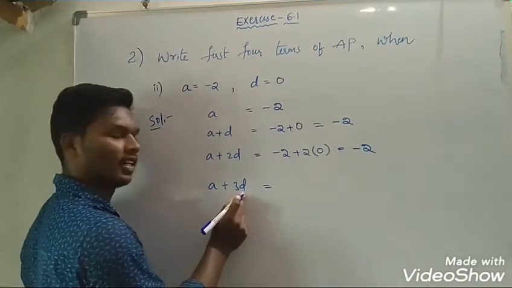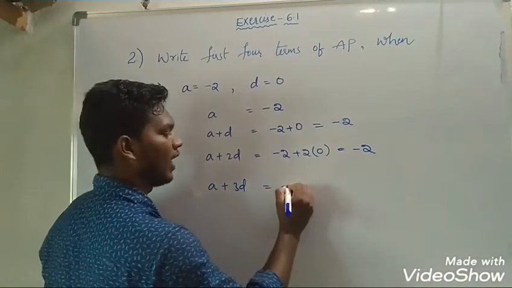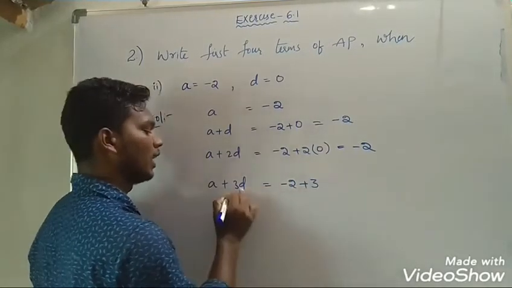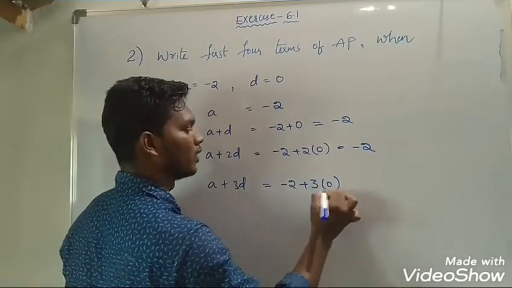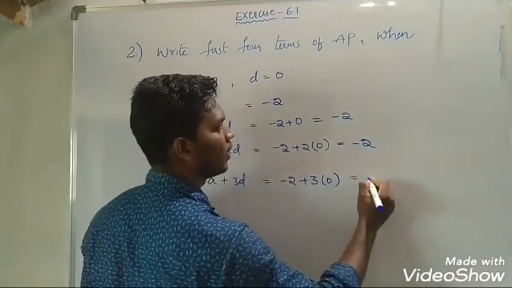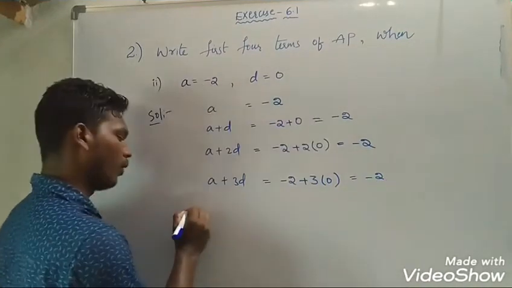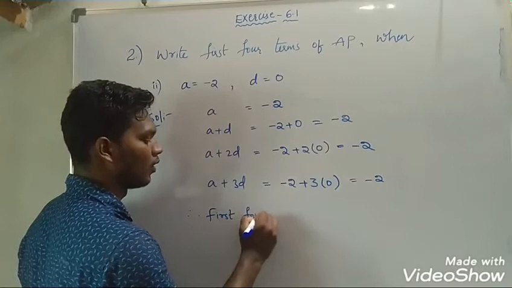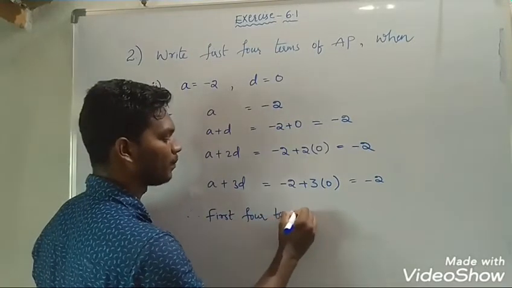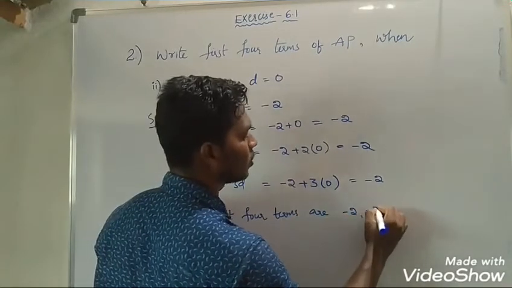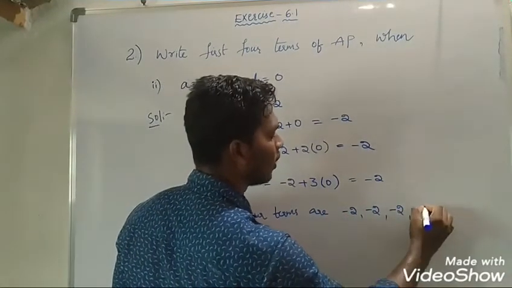For A plus 3D, the value of A is minus 2 and the value of D is 0. 3 into 0 will be 0, so 0 plus minus 2 will be minus 2. Therefore the first 4 terms are minus 2, minus 2, minus 2, minus 2.